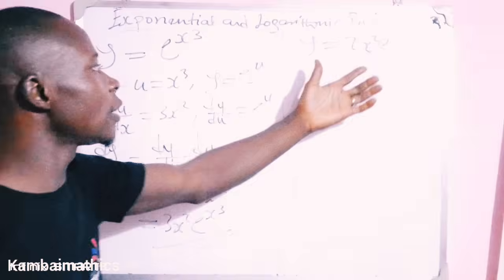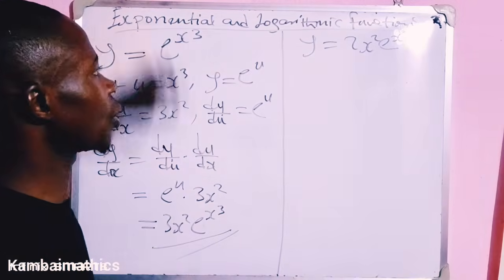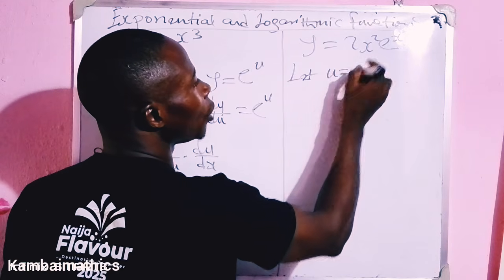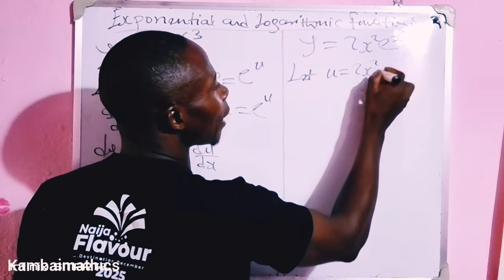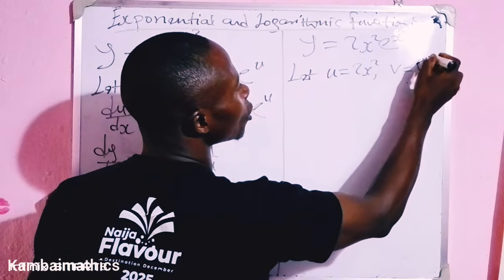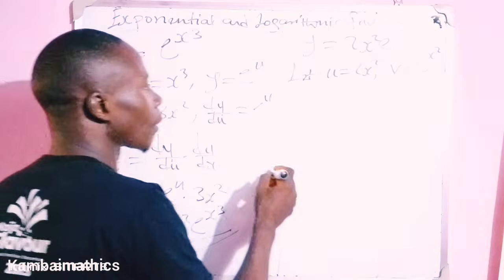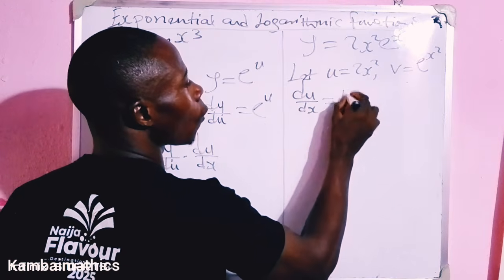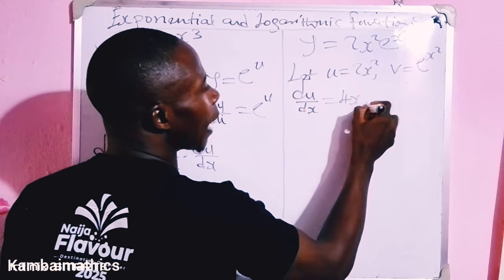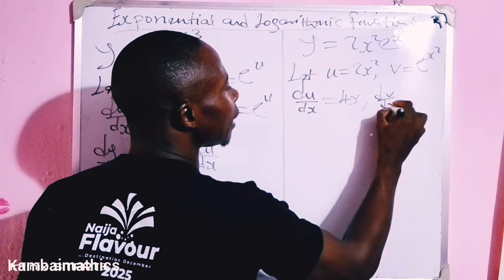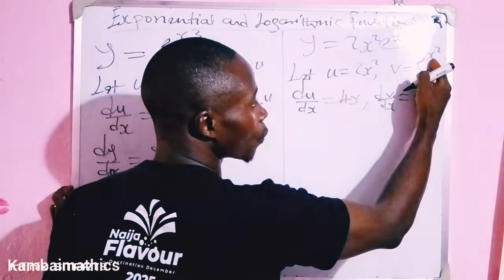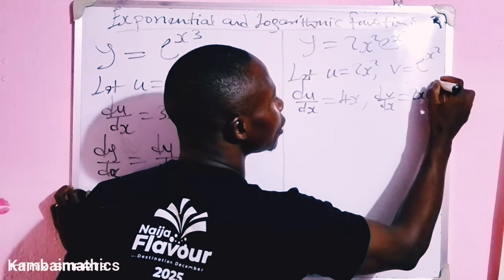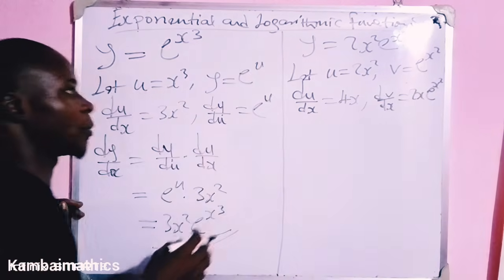Since we are still on the exponential function, we let u equal 2x squared, and v equal e^(x squared). So du over dx is 4x when you differentiate this, and dv over dx: you differentiate x squared to get 2x, bring it down, so 2x, and you repeat e^(x squared). Remember, that's an exponential function.